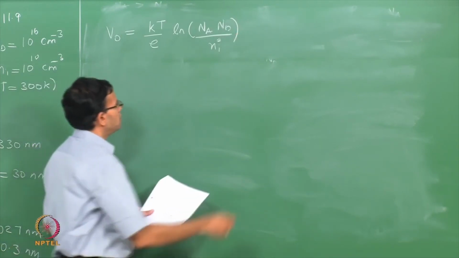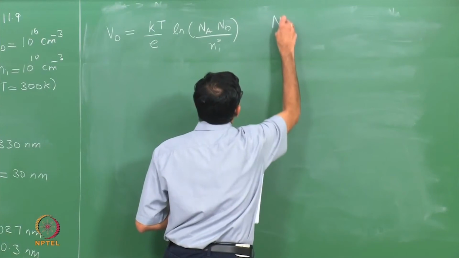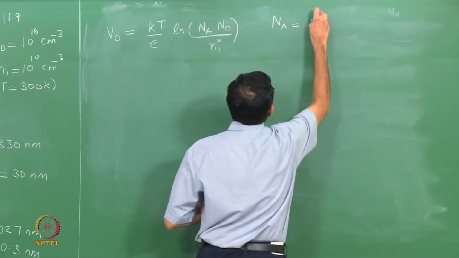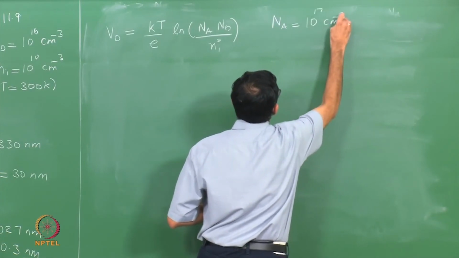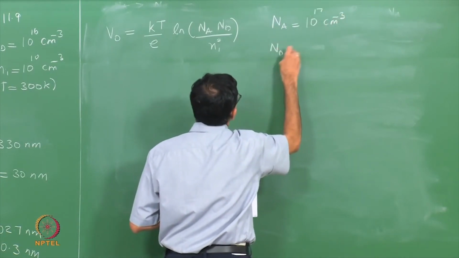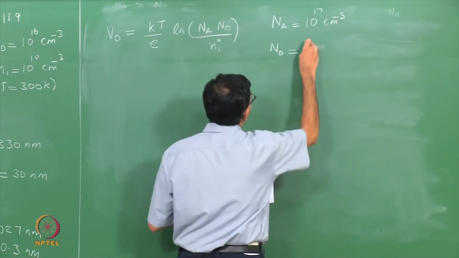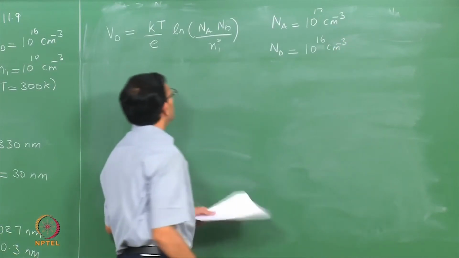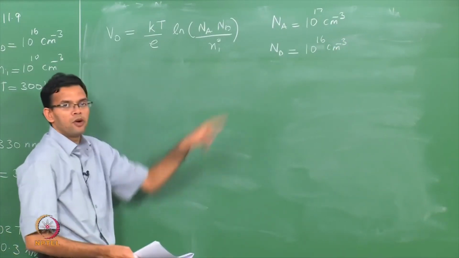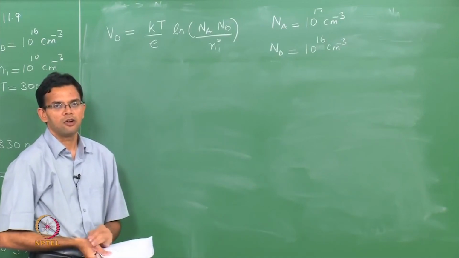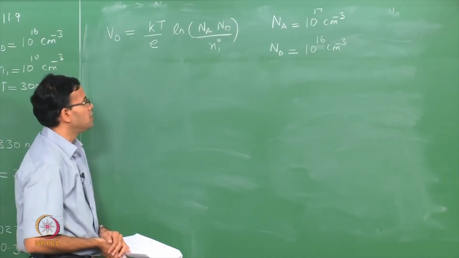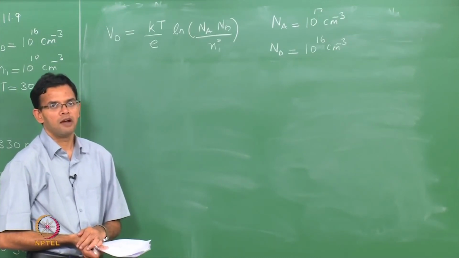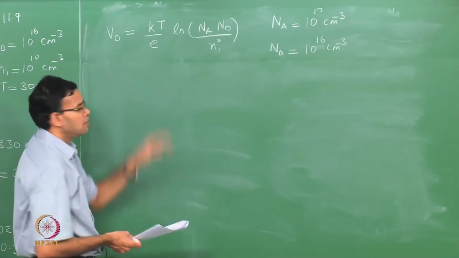For the sake of comparison, I am going to keep Na equal to 10 to the 17 and Nd equal to 10 to the 16. But V naught also depends upon Ni, which is the intrinsic carrier concentration, and that depends upon the band gap.